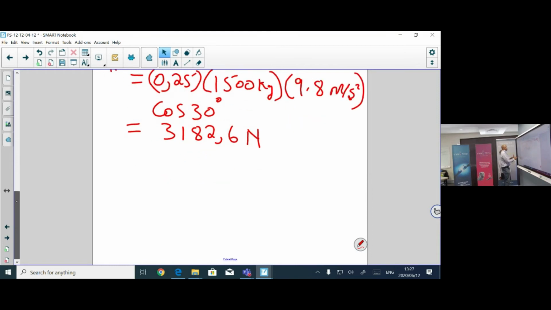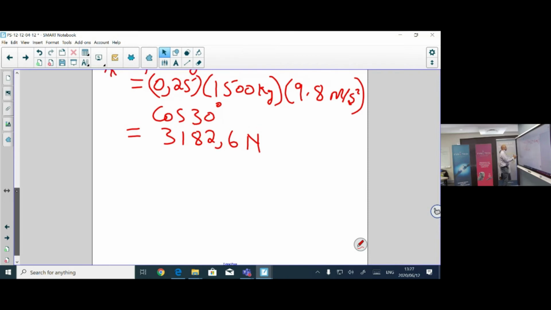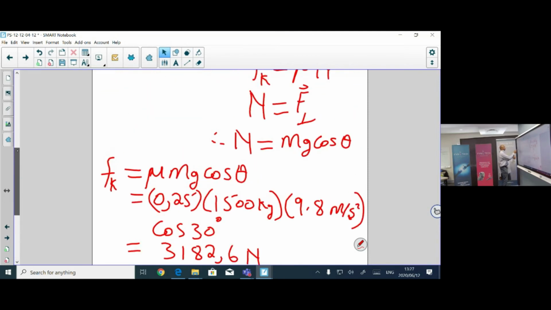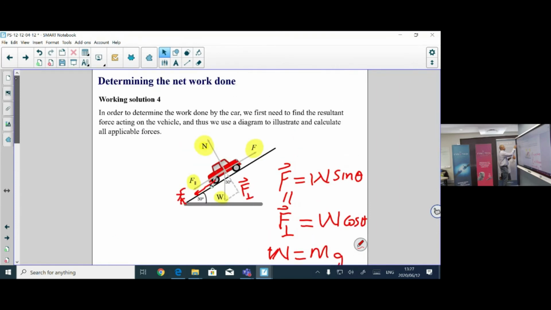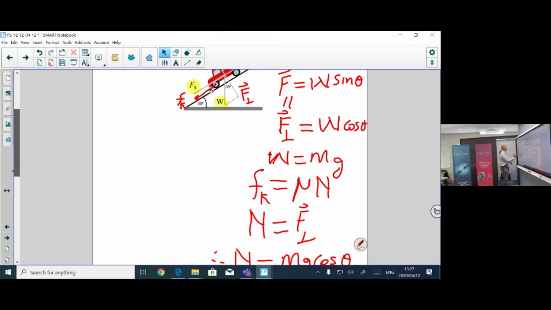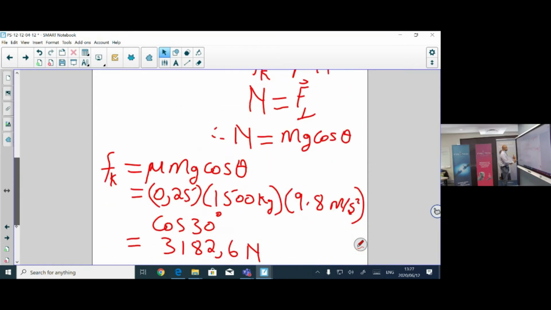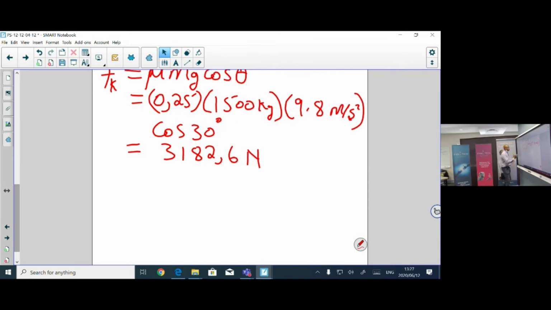All right, now we have kinetic friction. What about the parallel? If you look at these two, they are both pointing downward. Let us calculate the F parallel.